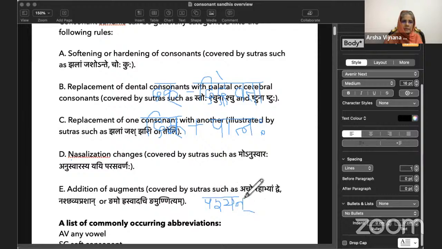Pashyan plus api. What happens here? Pashyan api.